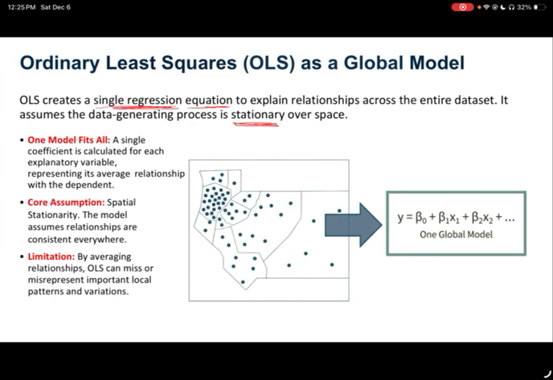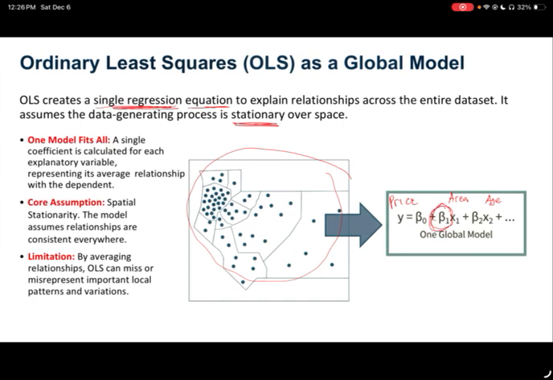This means one model could fit all datasets, and a single coefficient value is calculated for each explanatory variable, representing the average relationship with the dependent variable for all areas. For example, here y is the house price, x1 is the house area, and x2, for example, is the house age.